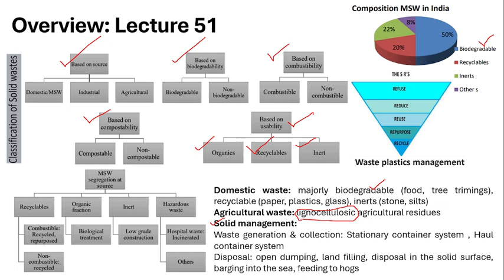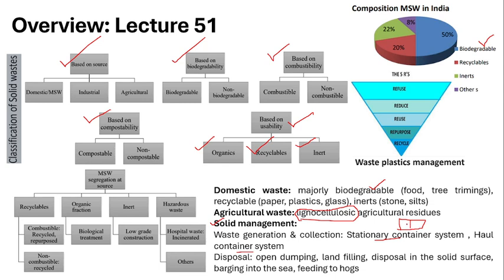Firstly, the waste generated is collected through two different systems. One is the stationary container system. Another one is the hauled container system. In the stationary container system, we have waste collection tanks near every household.